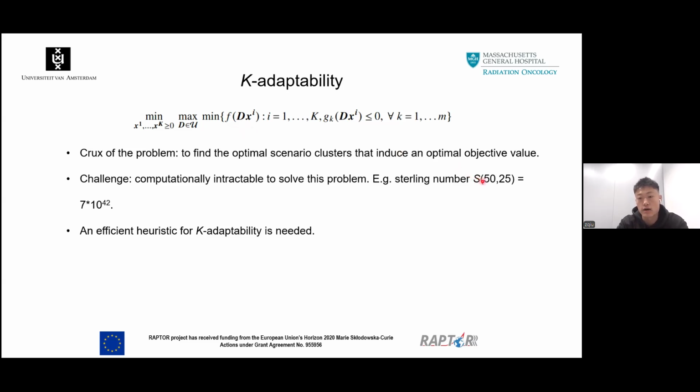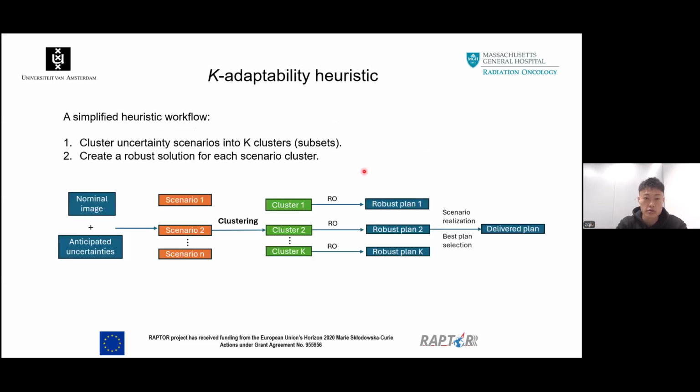So for example, if I have 50 scenarios and I want to cluster them into 25 non-empty groups, there can be 10 to the 42 ways to do this. So you cannot really solve this problem exactly, let alone the optimization problem of radiation therapy is also very time consuming. So therefore, an efficient heuristic is needed in order to implement this K-adaptability approach to radiation therapy planning.